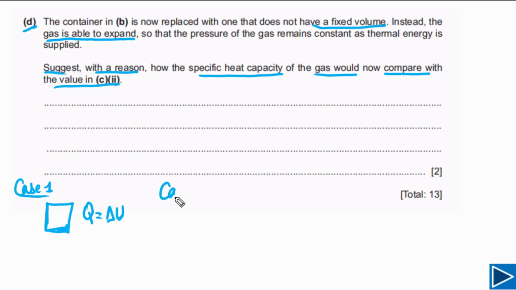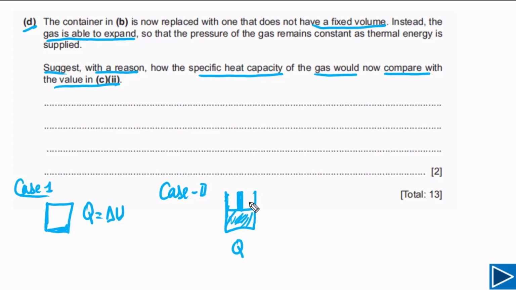But now in the second case, let's say we have this cylinder. Simply you can imagine that inside this cylinder we have gas, and this cylinder has no fixed volume, meaning the volume of this cylinder can change now. So the volume of the gas is not fixed. So when we heat this up, we give a certain amount of heat Q to this gas, and it will expand.